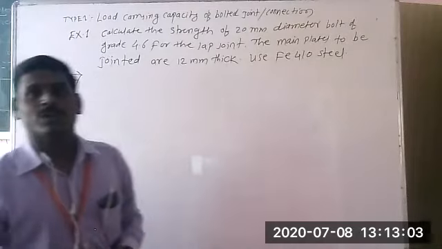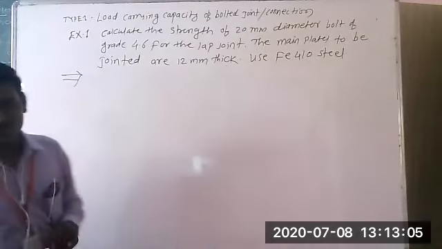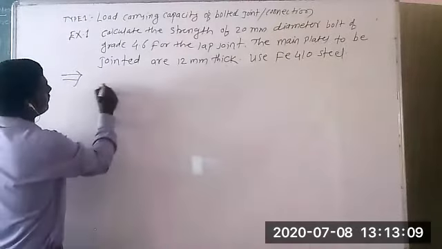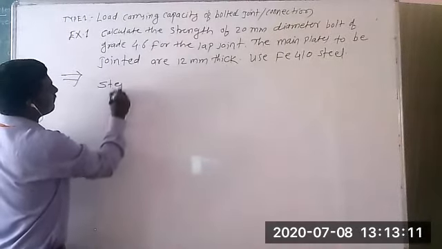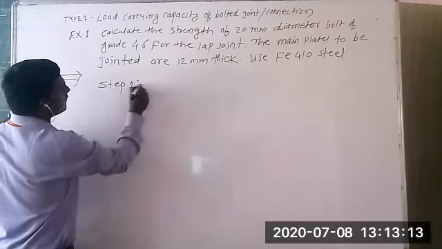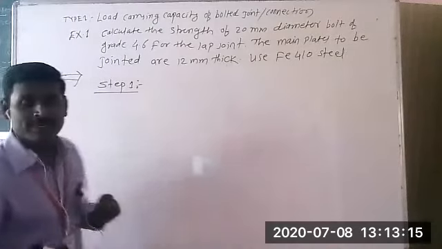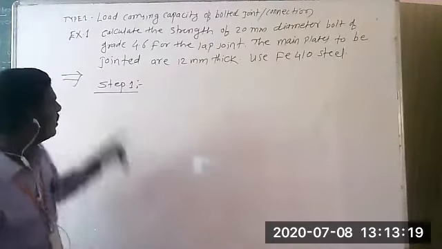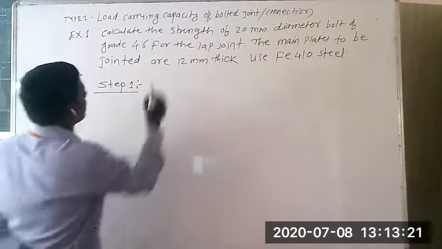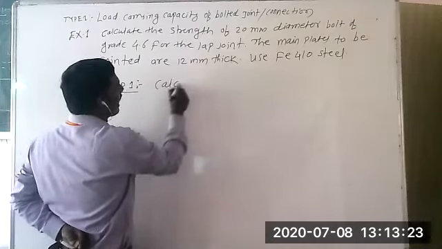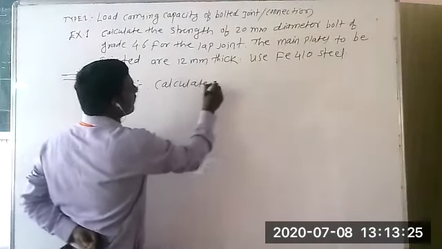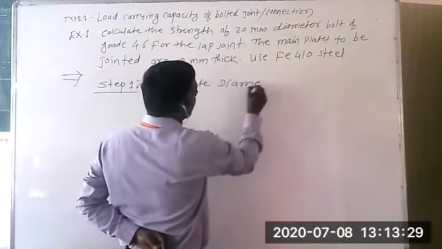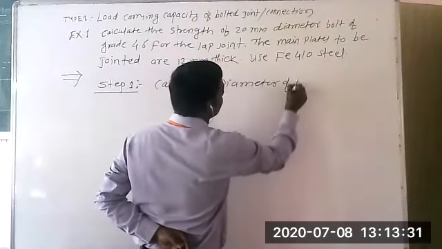Now we have to follow the design procedure, whatever we have written in the last lecture. See your notebook simultaneously. What is step number 1? Step number 1 is to calculate the diameter of bolt hole.